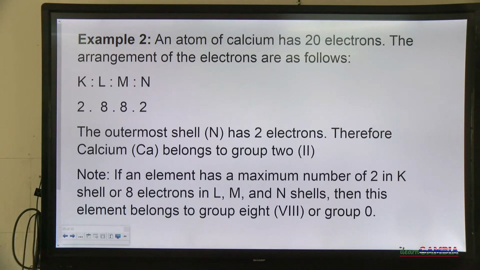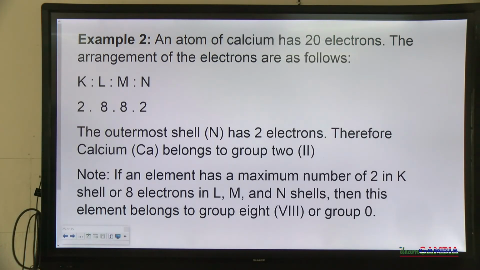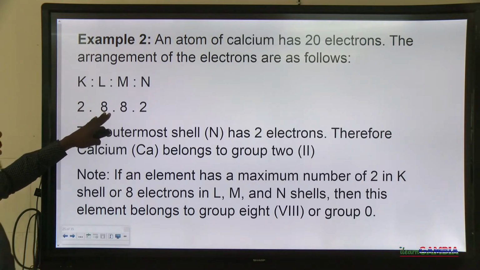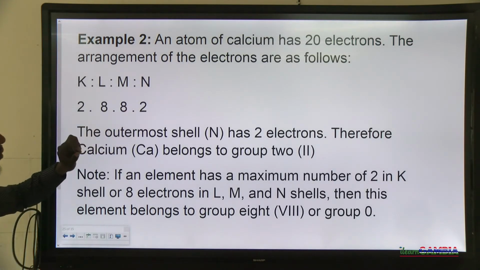Example 2: an atom of calcium has 20 electrons. The arrangement of the electrons is as follows. That is, we write KLMN, our electron structure of the calcium atom, and always the K shell takes a maximum of 2 electrons, the L shell 8 electrons, M takes 8 electrons, and the N shell takes 2 electrons.